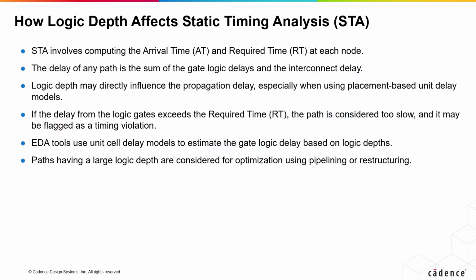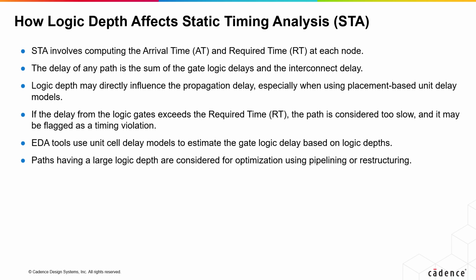In static timing analysis, you will compute the arrival and required times between the source and destination points to find the slack value. The path delay is also measured by adding the delay of each gate and the interconnect delay in the path. Therefore, the logic depth directly influences the propagation delay or path delay in the placed design with unit delay models.